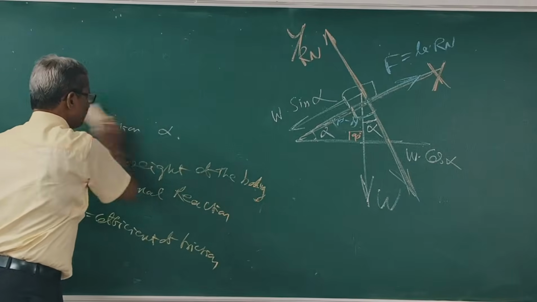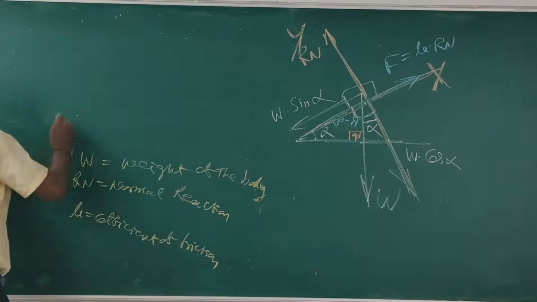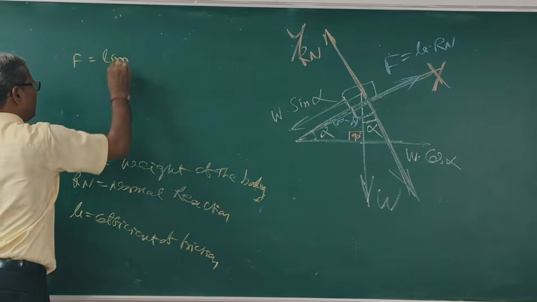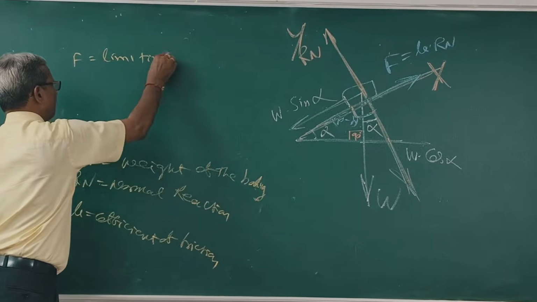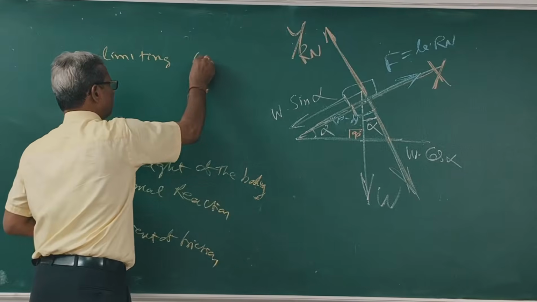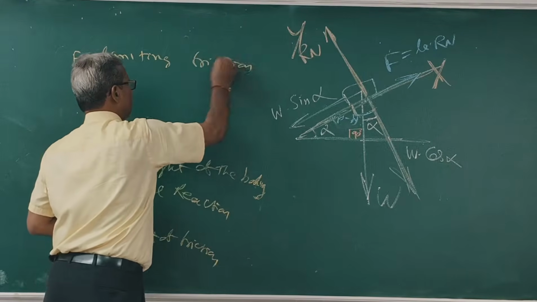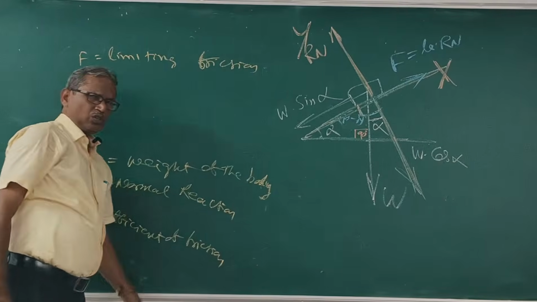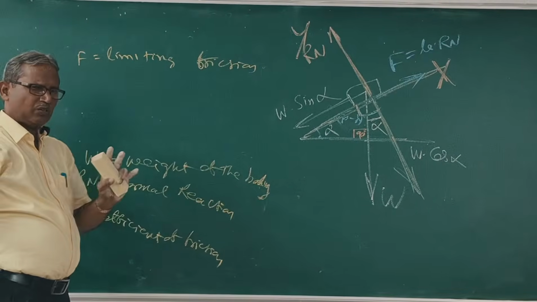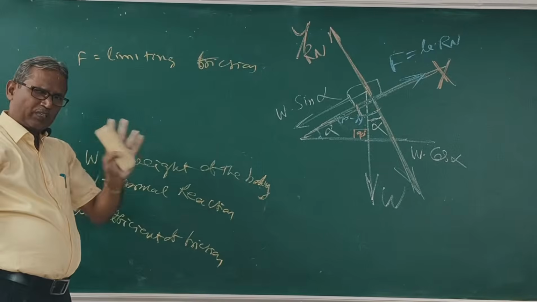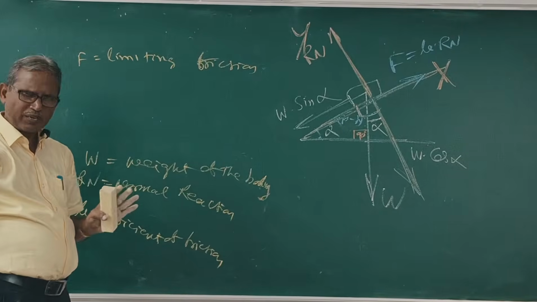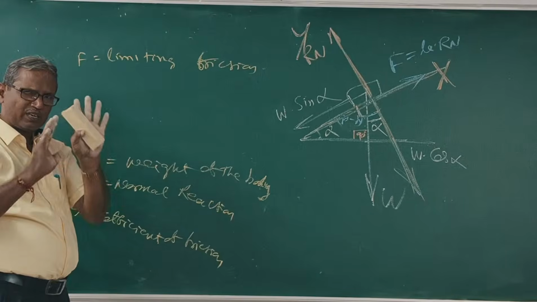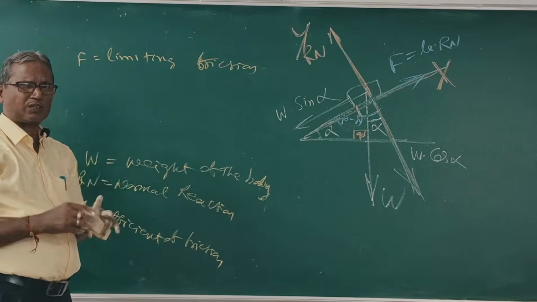What is F equal to? Limiting friction. Clear? So in friction, we are always considering limiting friction, because at this limiting condition, the body is at rest, in equilibrium condition. So I read this as limiting friction. Clear?